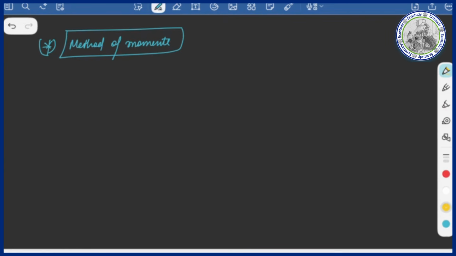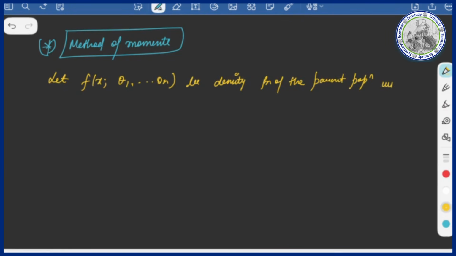See, let f(x; theta 1, ..., theta k) be the density function of the parent population with k parameters mu1, mu2, ..., mu k.